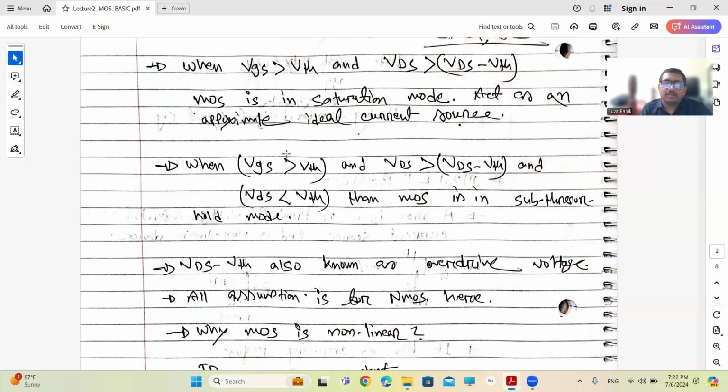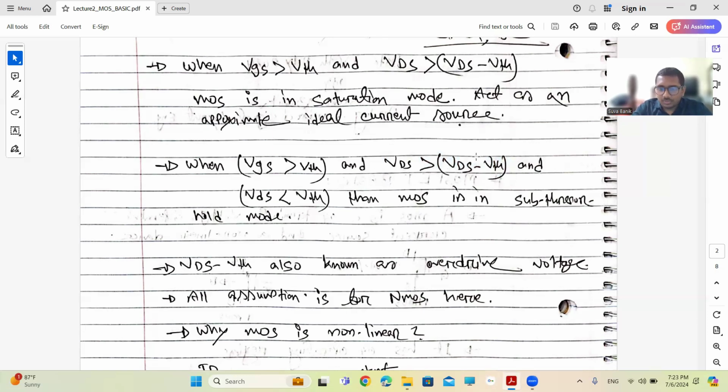Then comes sub-threshold. Whenever VGS is greater than VTH, the transistor is on, and VDS is greater than VGS minus VTH, which is also known as overdrive. This condition is also true, and one more point: VDS, the drain to source voltage, is less than its threshold voltage. It means this value is negative.